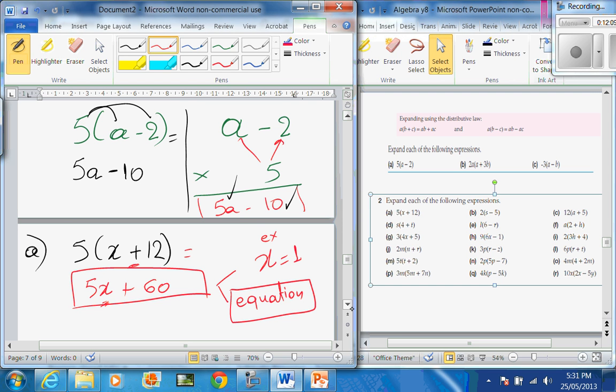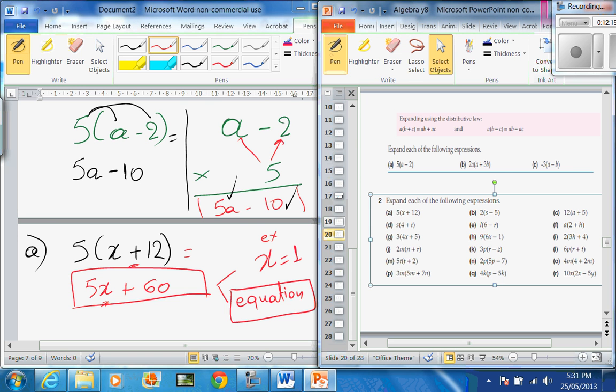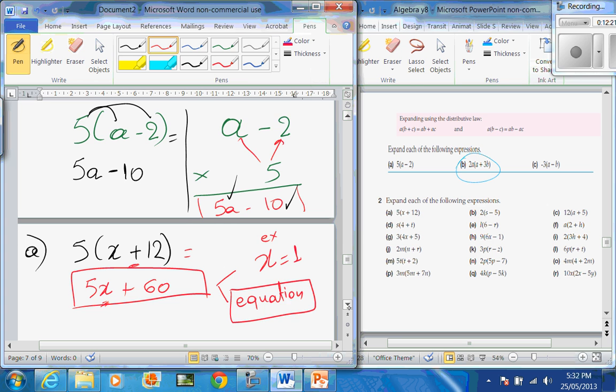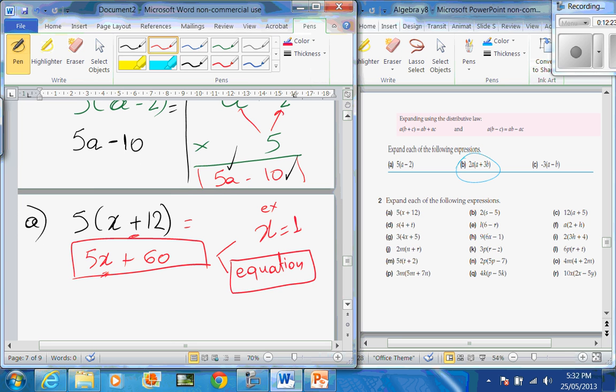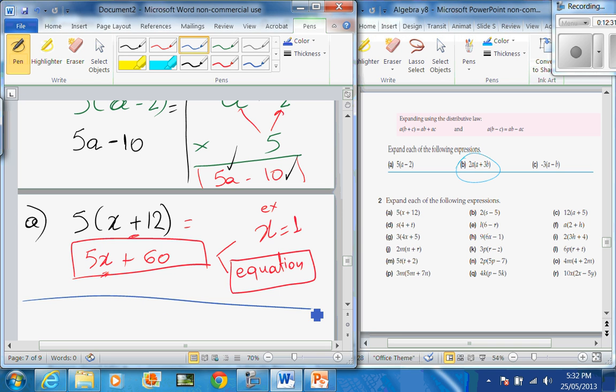Now, let's see something more complicated like this one. It reads 2a, and in the brackets a plus 3b.